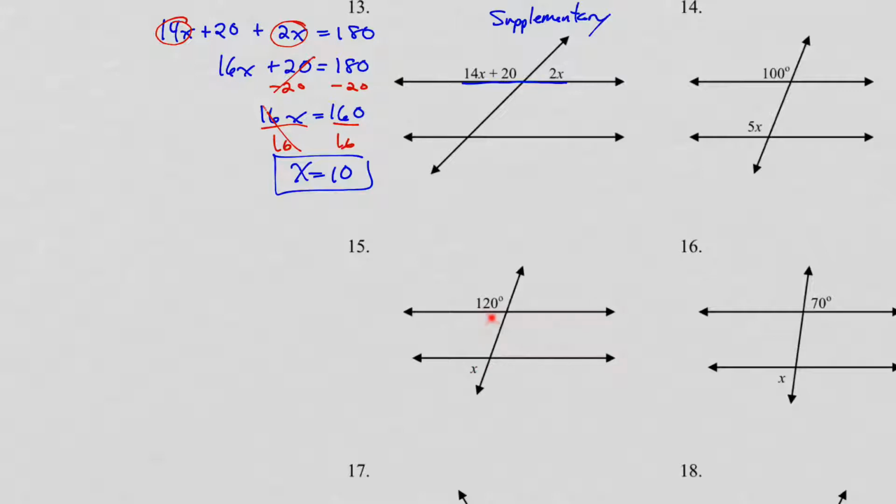But x and this spot, those are two bottom left spots. So if we just do a quick subtraction of 180 minus 120, that's going to give us 60. So that's 60 there. And because these are corresponding angles, then we know that x is 60.